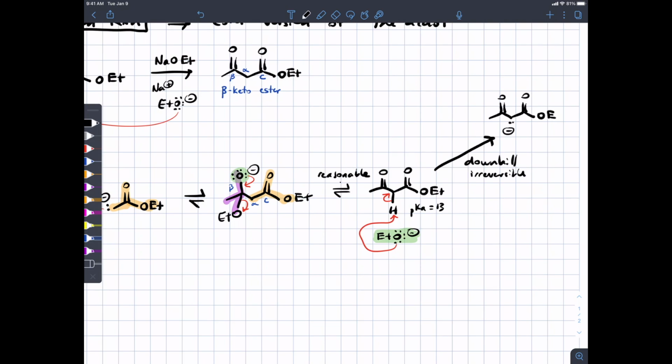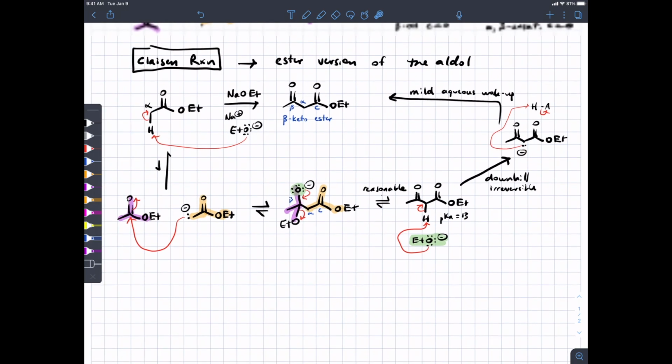And then it's only upon subsequent aqueous workup that we are able to reprotonate our stable enolate to give us our beta keto ester. And essentially we do this by adding water and adjusting the pH until it's lower than the pKa for this proton.